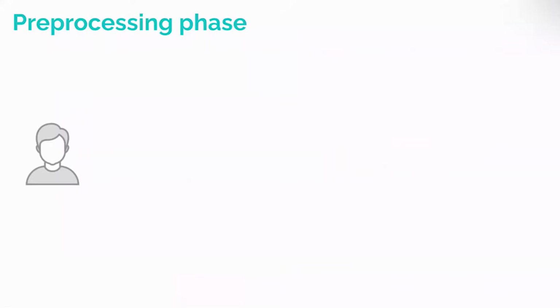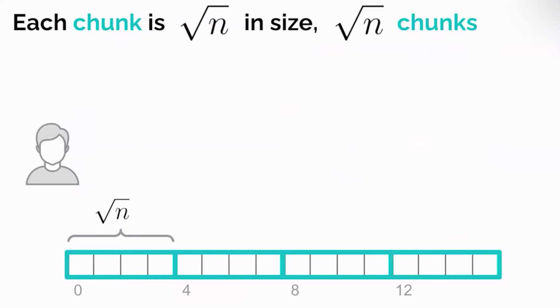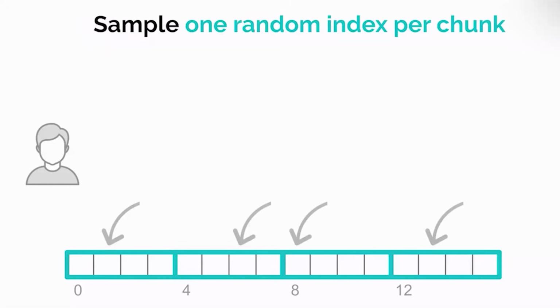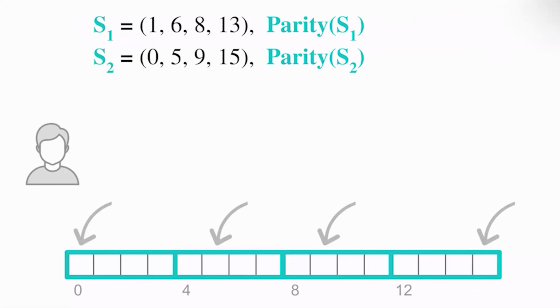Okay, so here's how the scheme works. In the preprocessing phase, we take this data set. It has n indices, and we divide them into square root n chunks, each of size square root n. Then we sample one random index from each chunk, which allows us to write down a set. We sample a bunch of sets, and each set has one random index from each chunk.